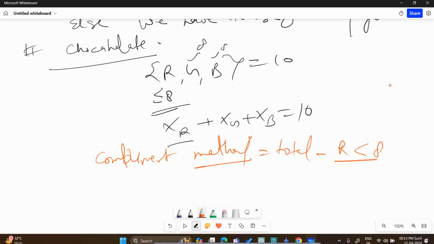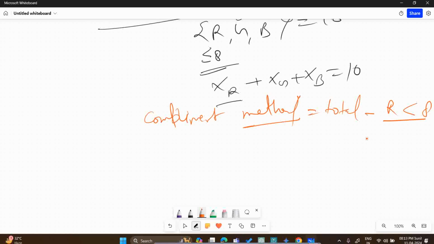Total is xR plus xG plus xB equal to 10, which is 10 plus 2 C 2, that is 12C10, or 12C2, which is equal to 66.